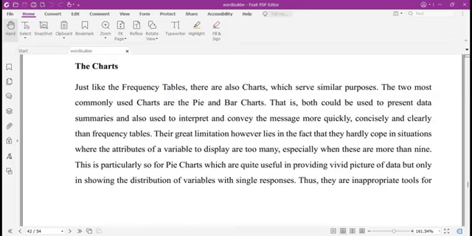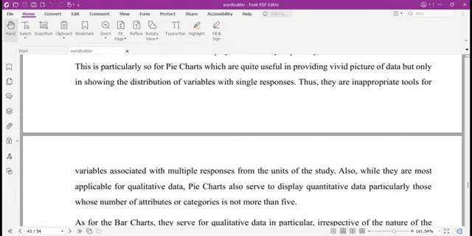This is particularly so for pie charts, which are quite useful in providing a vivid picture of data, but only in showing the distribution of variables with single responses. Thus, they are inappropriate tools for variables associated with multiple responses from the units of the study.